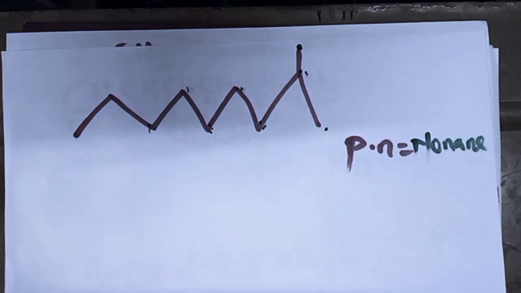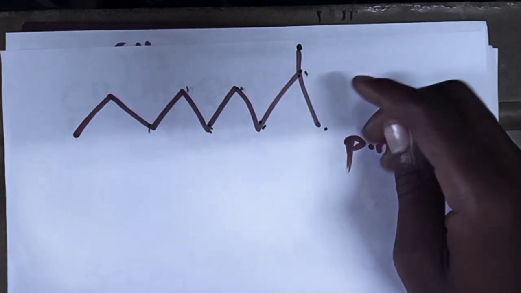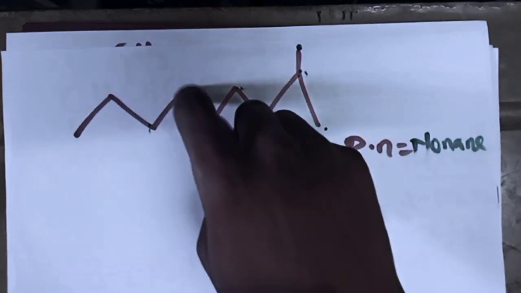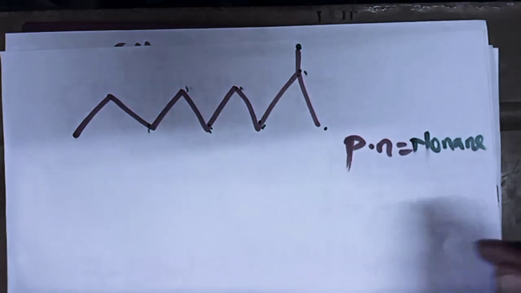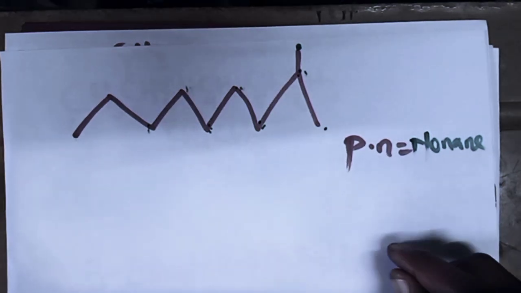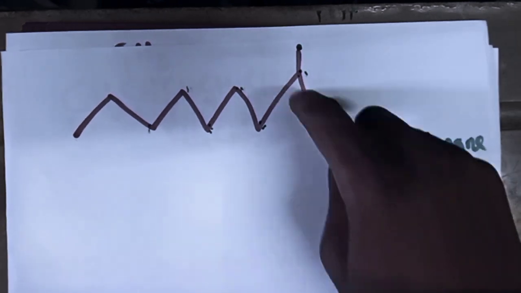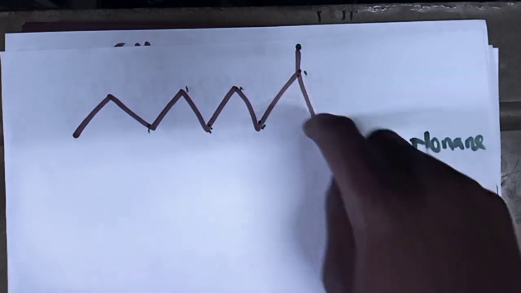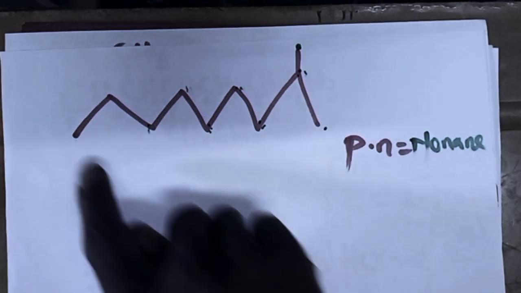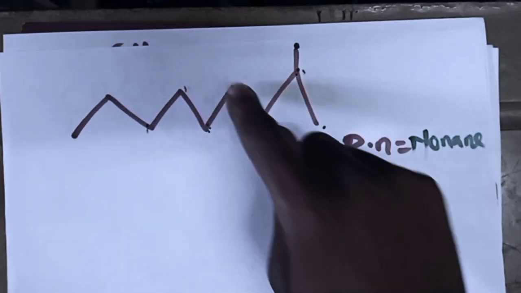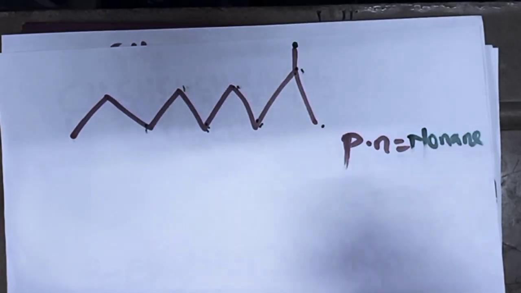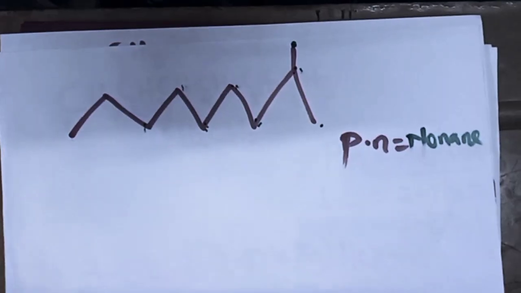What next? We put numbers. How are we going to put numbers? Since it is 1 to 9 or 9 to 1, where are we going to start counting from? We start where there is a side chain nearby. So we have this as a side chain, which is not part of the long chain. Because in the long chain, you can't count and then skip to another part. No. You go in just one direction.